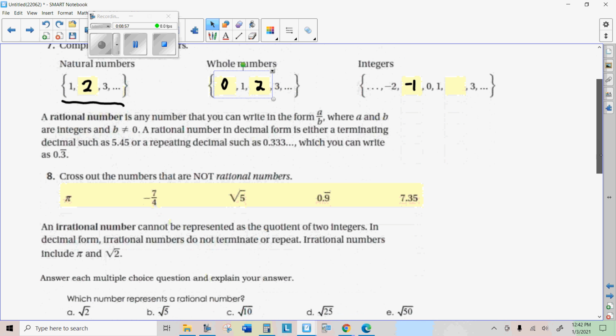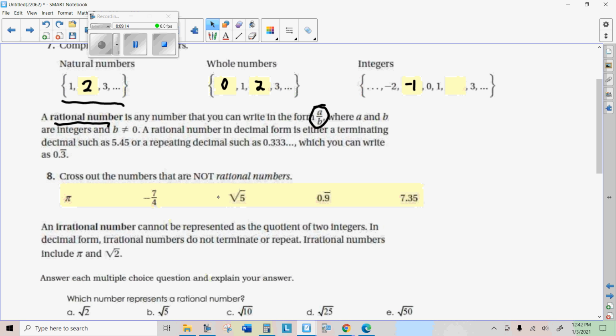Now, a rational number, you will remember, is any number that you can write like a fraction a over b, where a and b are integers. So if it can be written as some number divided by another number, and those two numbers are integers, then it's a rational number.